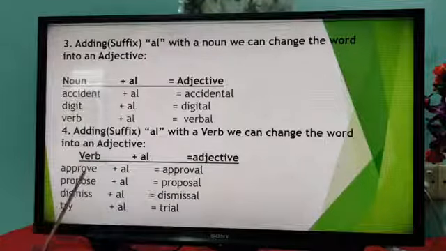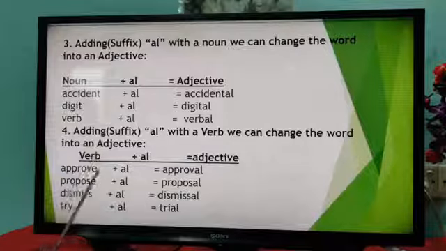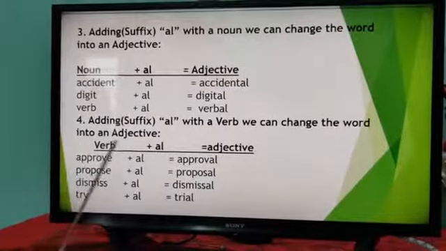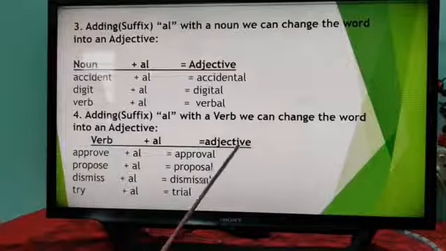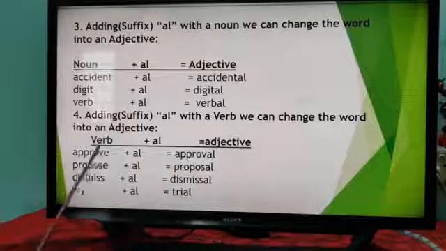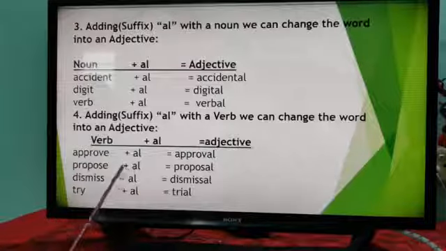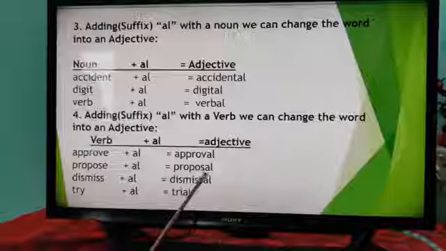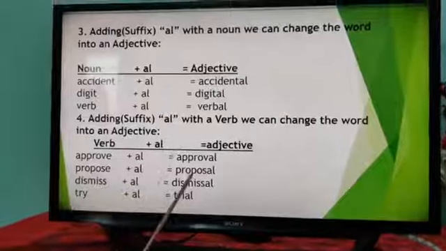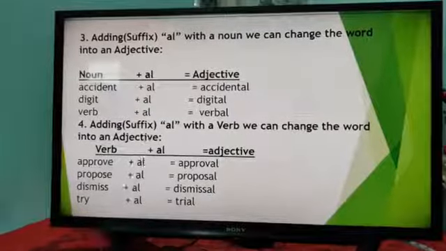Suppose approve, verb, al is a suffix, so the adjective is approval. Propose, verb, al suffix, proposal. Like that these are made also. Please write them down.